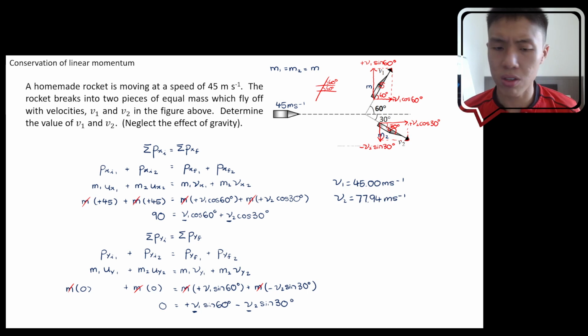A negative value will make no sense over here because what you're putting in is the hypotenuse, and the hypotenuse should not have any direction, so it should be just a positive value. Okay. So V1 here is moving at 45 meter per second, whereas V2 here is moving at 77.94 meter per second. So this is how you solve a question involving conservation of linear momentum. Thank you.